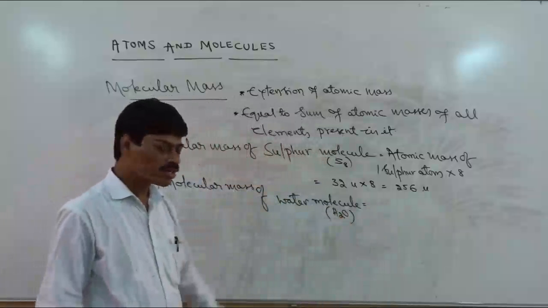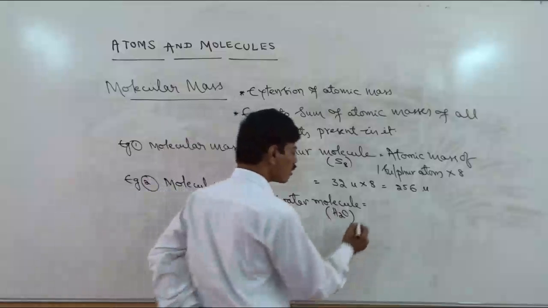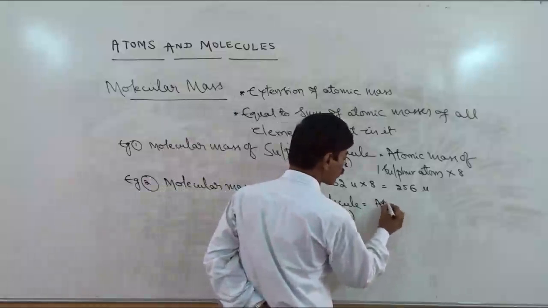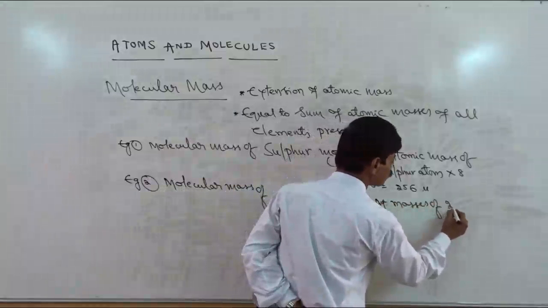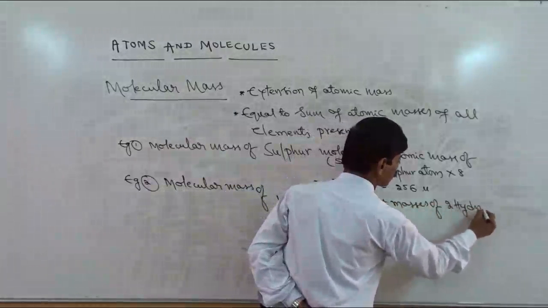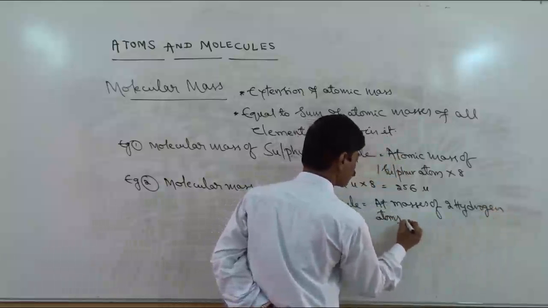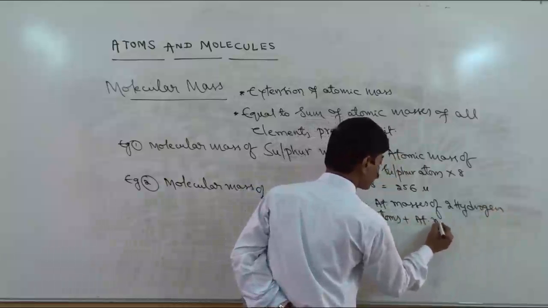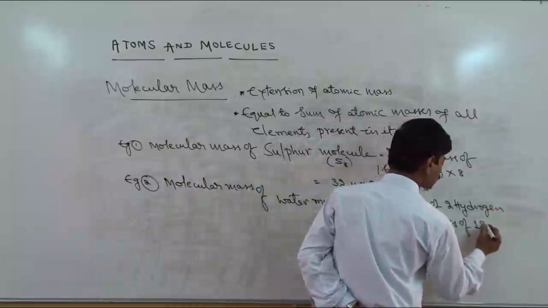So one water molecule is made up of two hydrogen atoms and one oxygen atom. So the atomic masses are two hydrogen atoms plus the atomic mass of one oxygen atom.